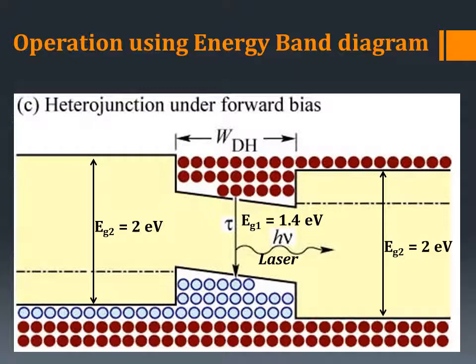These photons are reflected back and forth at the junction and hence an intense coherent beam of laser emerges from the p-n junctions of the active region, which is between layer 3 and 4. The wavelength of the emitted radiation is in the IR range.